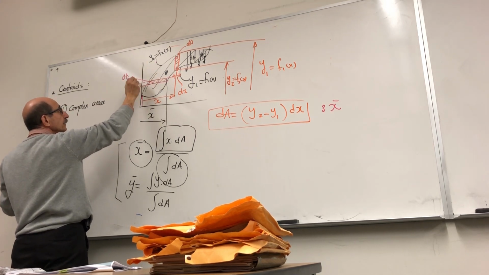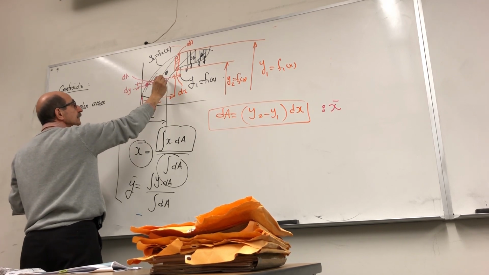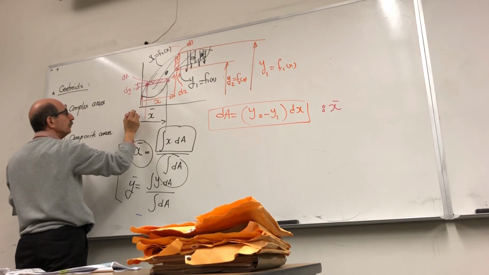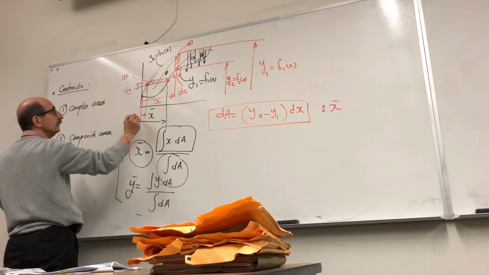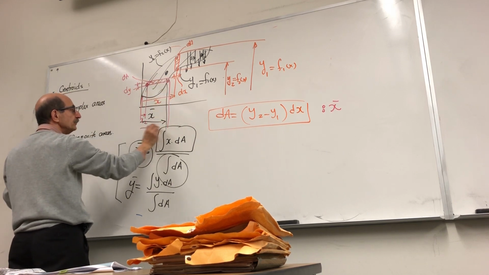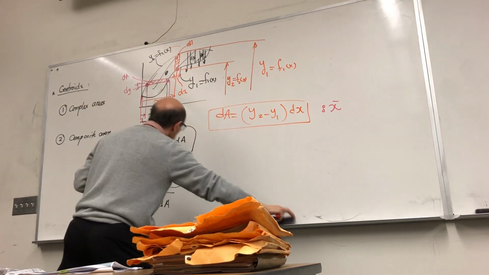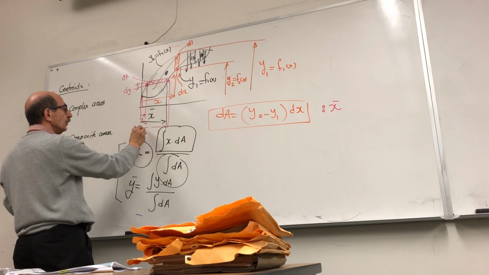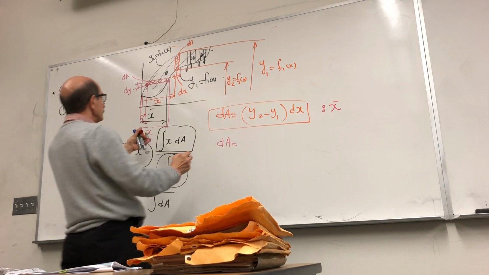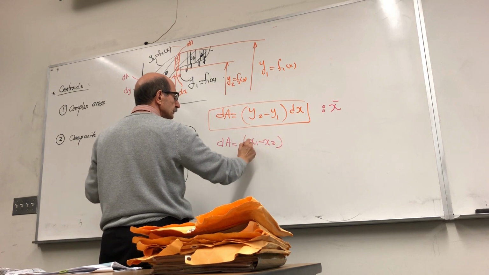So the thickness of this is dy, and as this thing is moving from here to the top, this distance is the x that you get from that function, and this is the x value that you find for that y value from this function. Or in other words, this is x1. So dA in this case, okay, would be x1 minus x2 times dy.